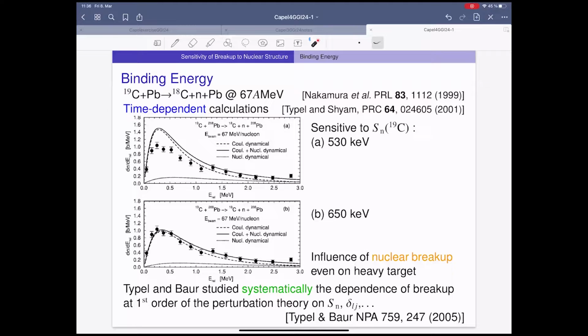And so they performed two sets of calculation, one with a binding energy of about 500 keV, and one where it is slightly more bound, and you see that there is a clear difference between the two calculations. And so this favors this binding energy. So your breakup calculation, and this is very important, is highly sensitive to that binding energy. So you could get some information about the binding energy by looking at the breakup cross section.